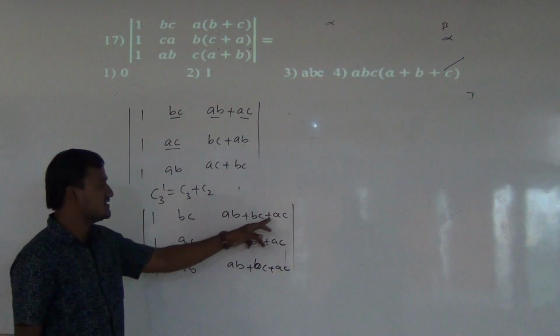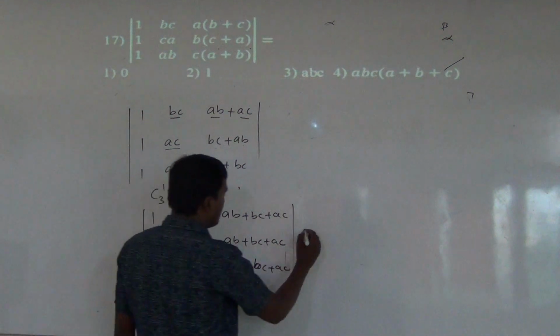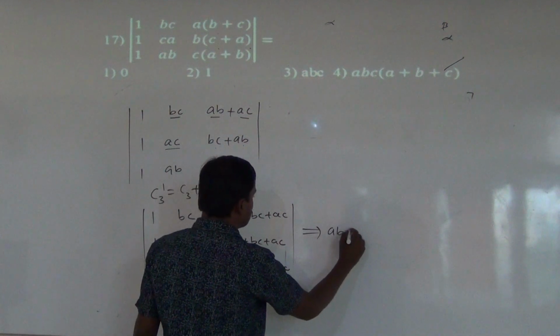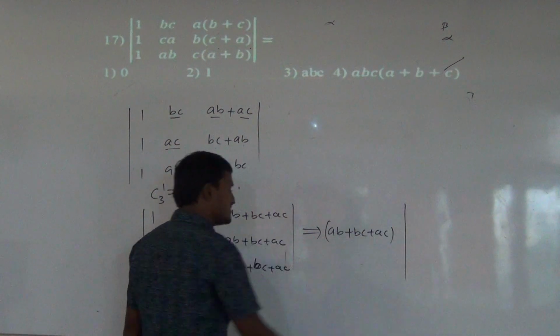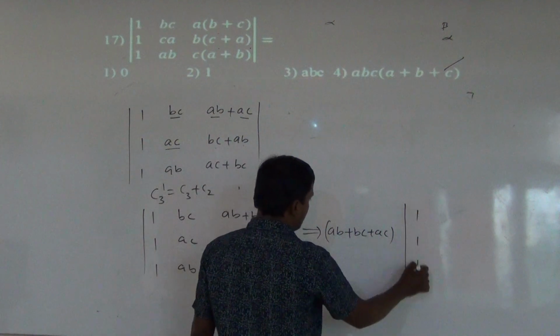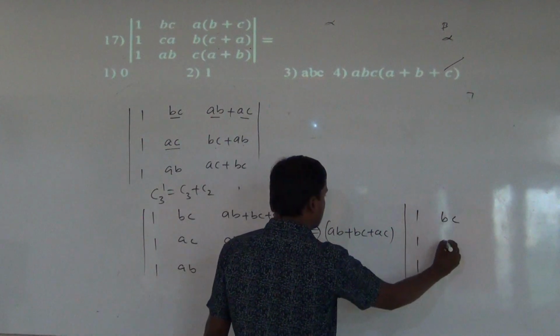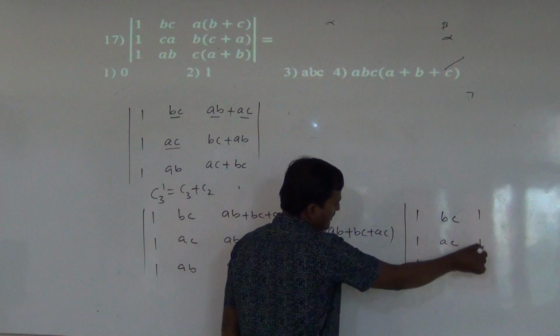Take AB plus BC plus AC common from C3. So what is the remaining here? 1, 1, 1. Here it is BC, AC, here it is AB. What is the answer here? 1, 1, 1.